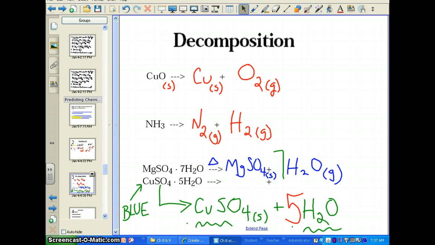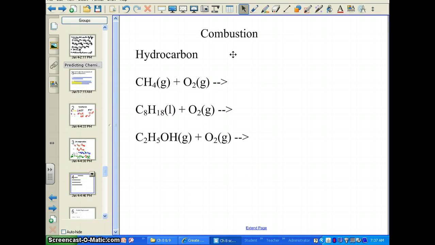All right, now moving forward to the next type of reaction, combustion. When we burn a hydrocarbon, if we have what's called complete combustion, then the same products are produced in every case, CO2 and water.